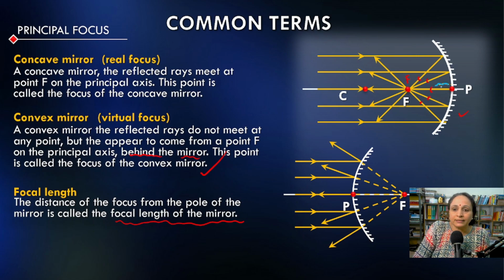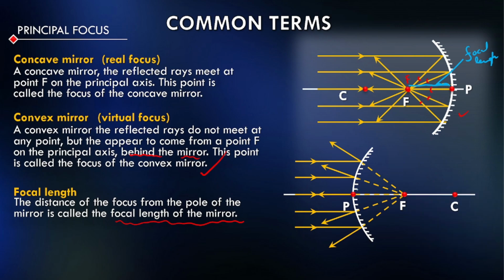So the distance between the pole and the focus is called the focal length. In the case of the convex mirror, it is the same thing. The distance between the pole and the focus is called the focal length. Right? Clearly understood what is focal length?